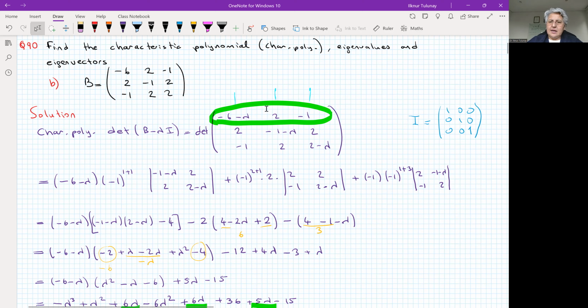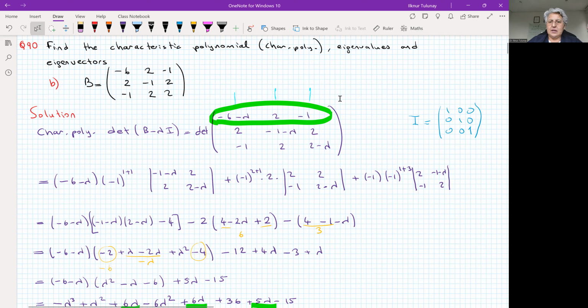Then we have the second entry of the first row, which is 2, and that will be minus, and we remove the first row and second column. I have another video that shows how to calculate the determinant and a quicker way. If you are interested, please go and watch that one as well. But this is how we calculate determinants of 3x3 matrices.